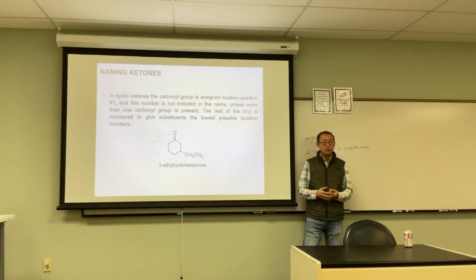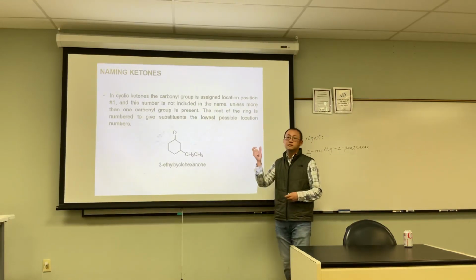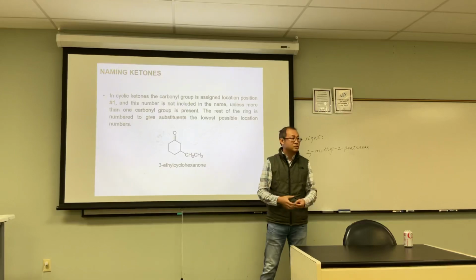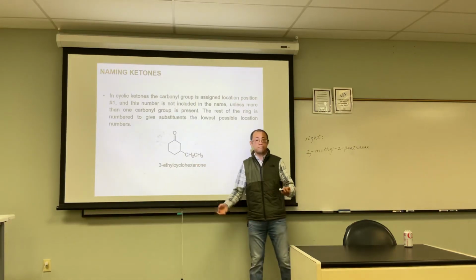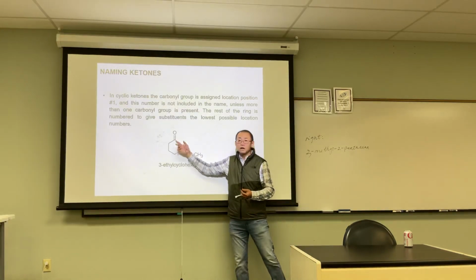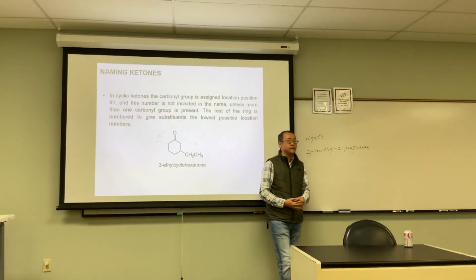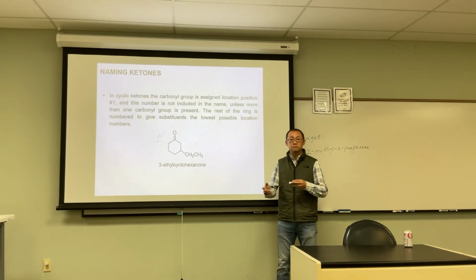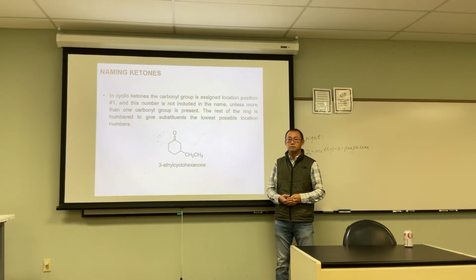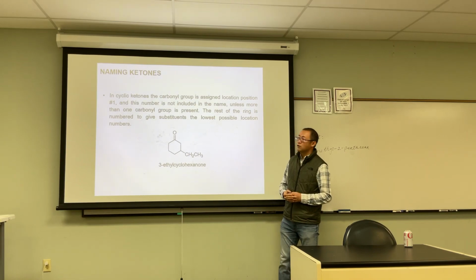Now you get an idea: when there's a possibility of different locations, you have to number. When there's no other possibility of a different location, you don't have to number it. For a cycloalkane with a carbonyl group, you don't have to number the ketone carbon.